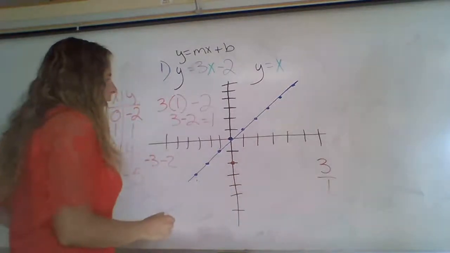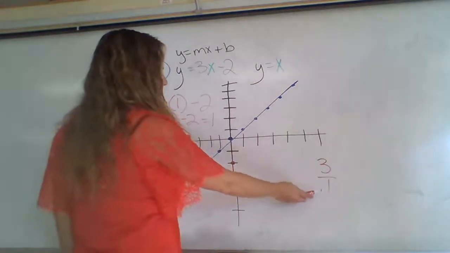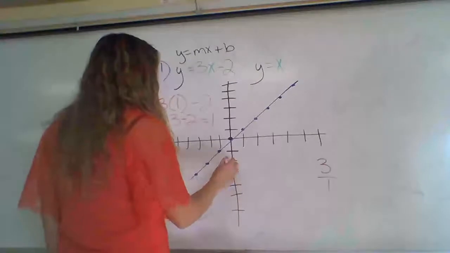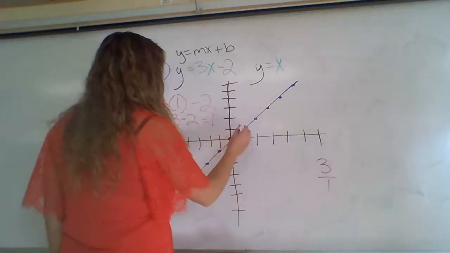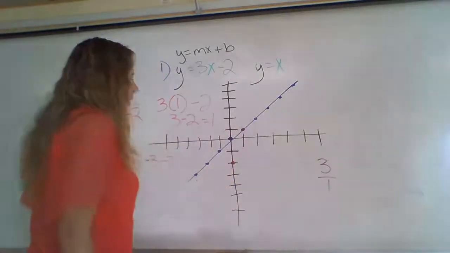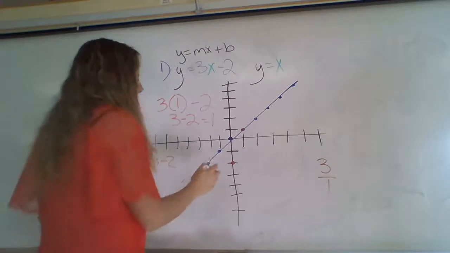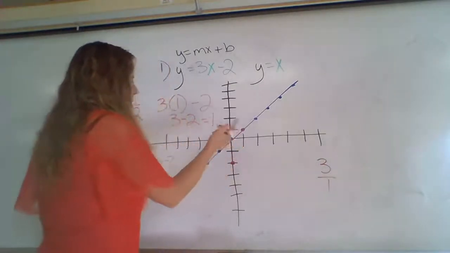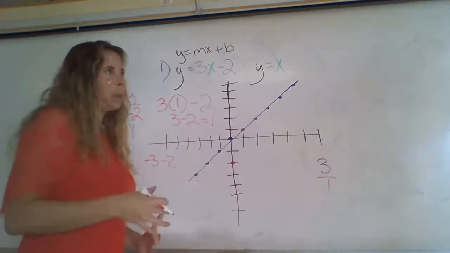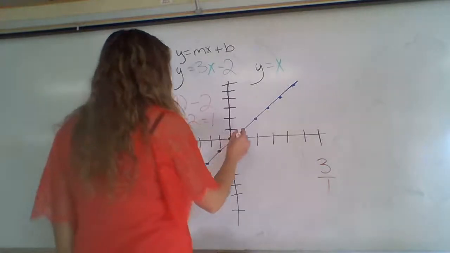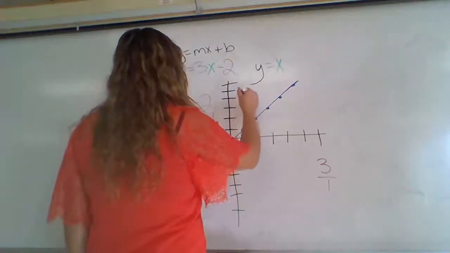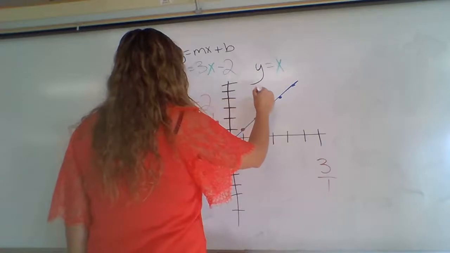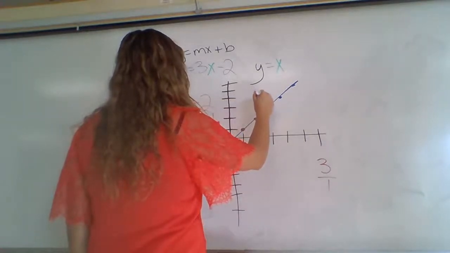Change in y is 3, change in x is 1. So up 3, 1, 2, 3, over 1. Oh, look, they already intersect. We'll keep graphing it though, but they already intersected at the point (1, 1), which is what they should intersect at. So up 3, over 1, like right there.